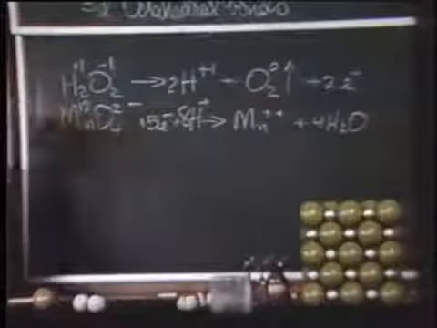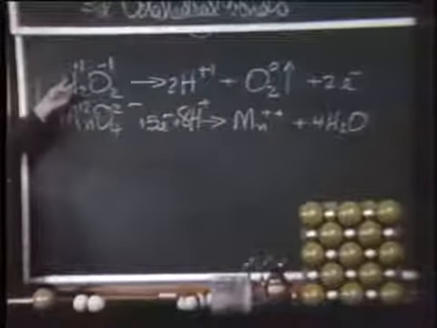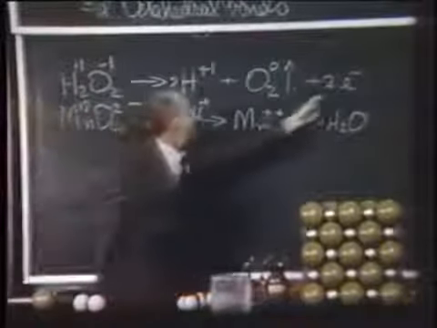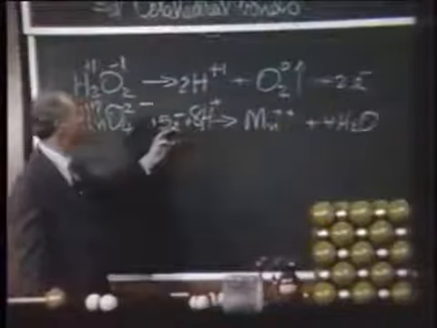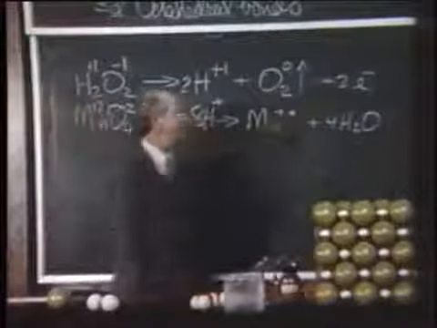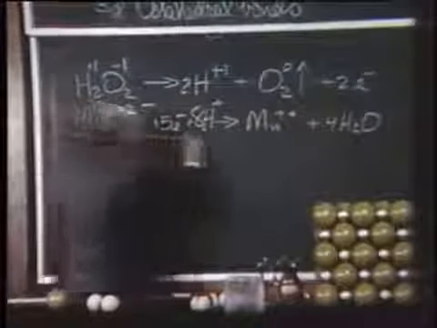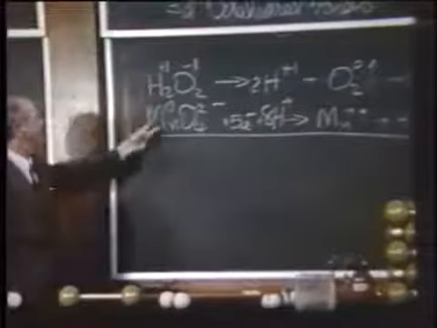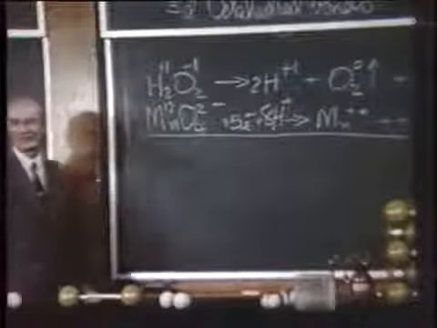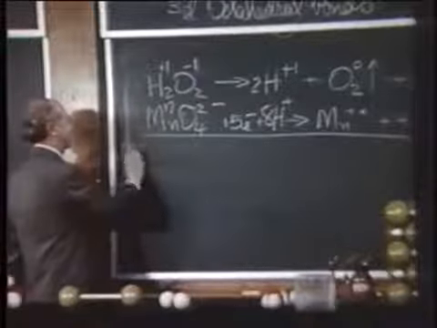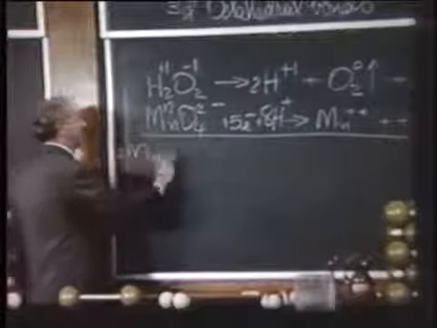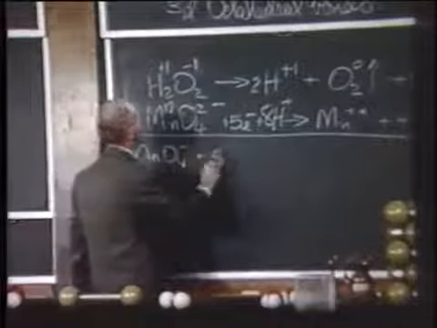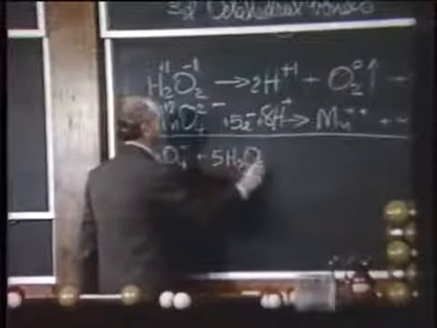These 2 electrode reactions can be combined with one another if we make the same number of electrons used up in this reaction as formed in this reaction. I think that I can multiply this reaction by 5 and this one by 2 without making any mistakes, and write 2 MnO4 minus plus 5 H2O2.